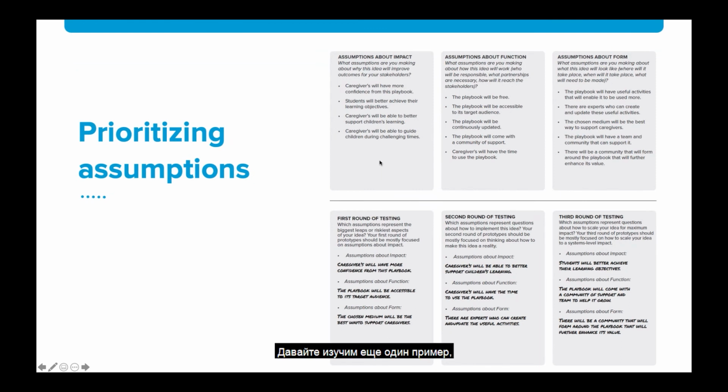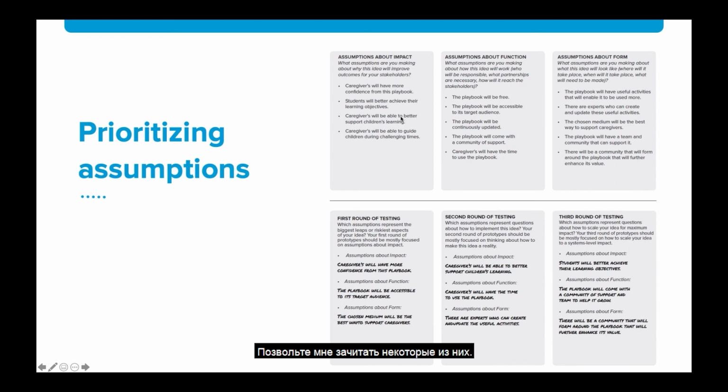So let's look at one example. In this example, which refers to the guidebook and the playbook idea, we have divided all our assumptions into three categories: assumptions about impact, assumptions about function, and assumptions about form.